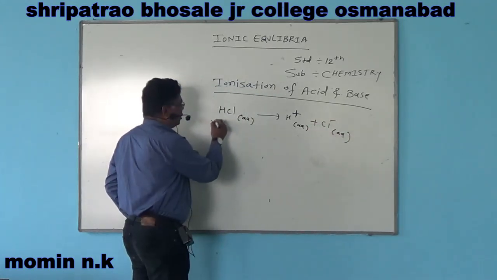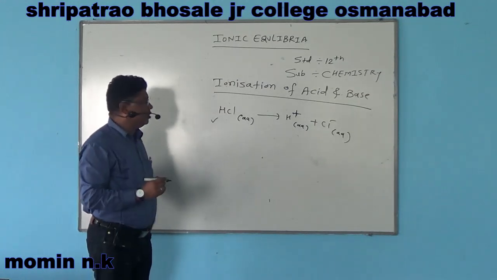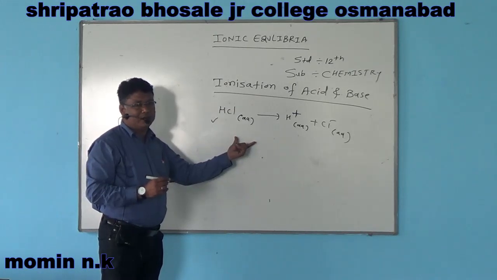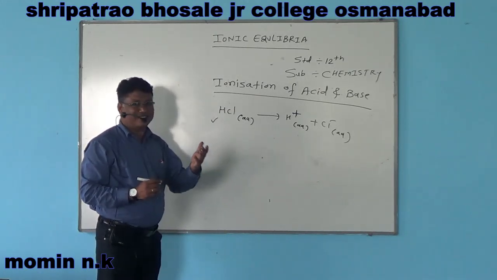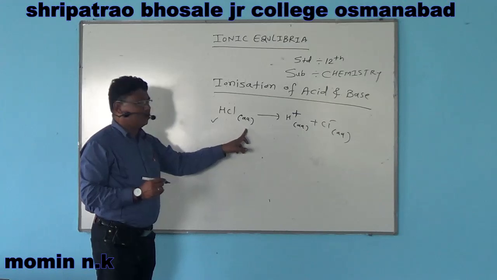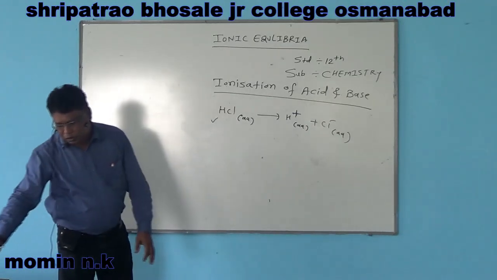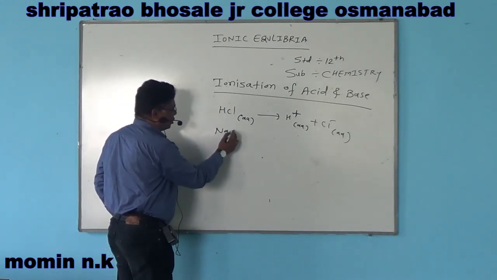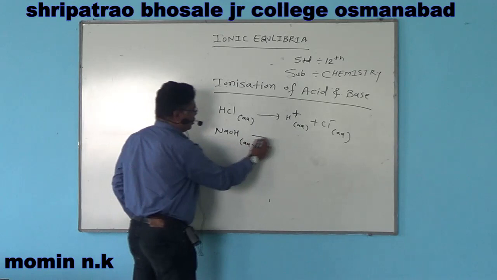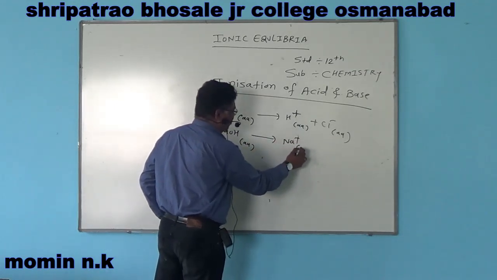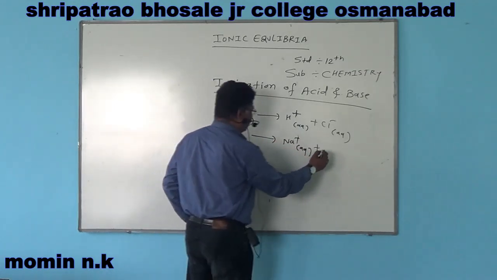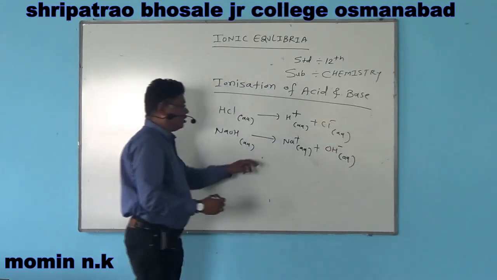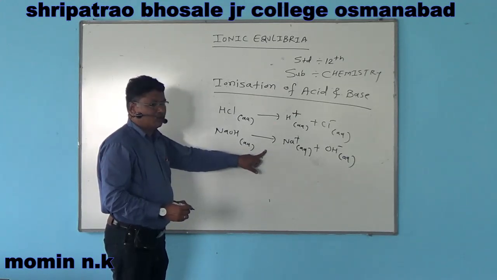HCl is an example of a strong acid because it dissociates almost completely, or to a large extent. That's why it is called a strong acid. Similarly, NaOH, sodium hydroxide, aqueous, dissociates almost completely to give Na plus aqueous plus OH minus aqueous. That's why it is also called a strong base.